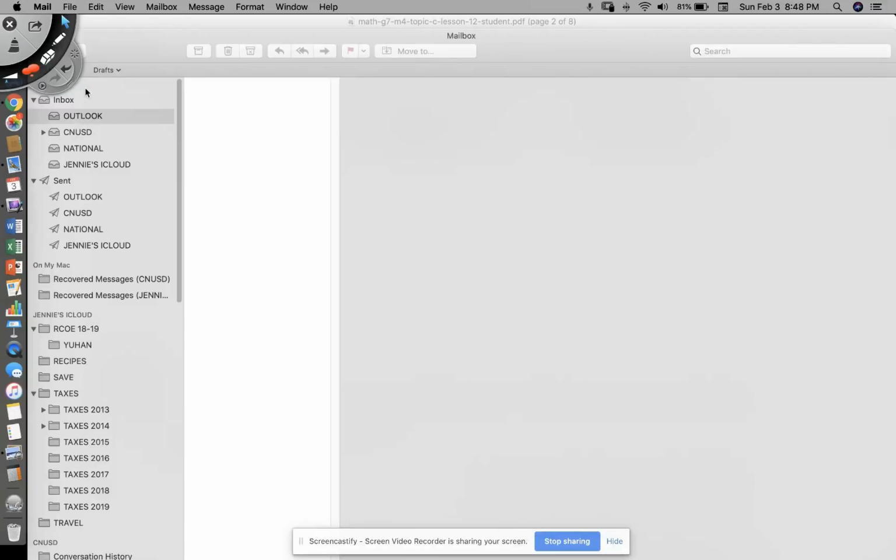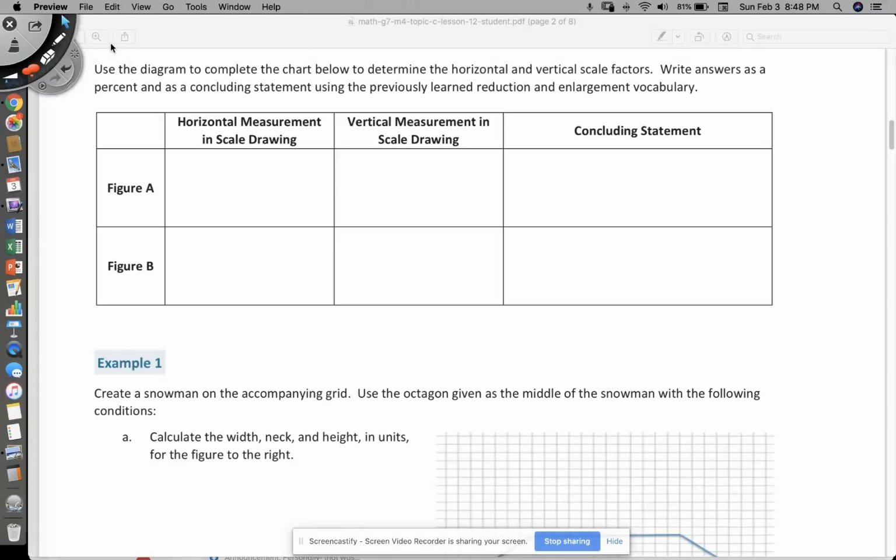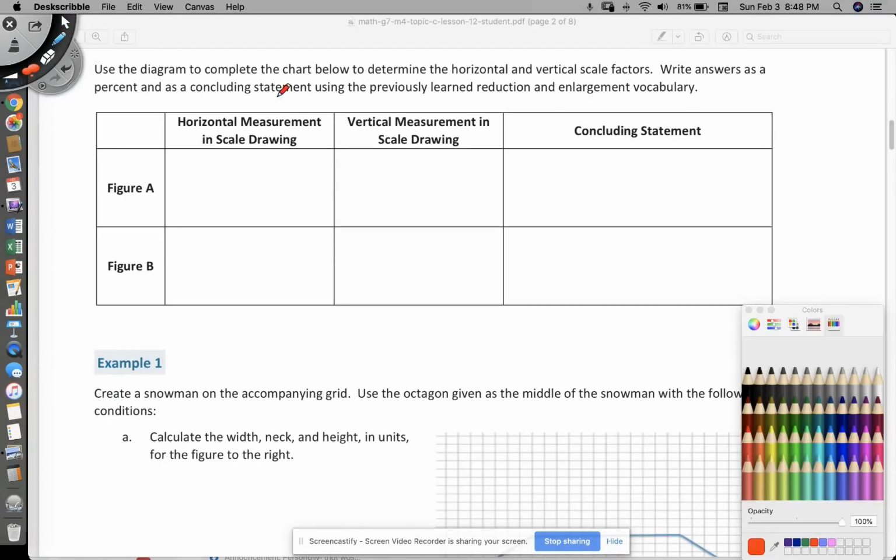On this table, you see we have the horizontal measurement. Horizontal means we're going in this direction. Then we have the vertical measurement. Vertical means we're going in this direction. And then we have a concluding statement.